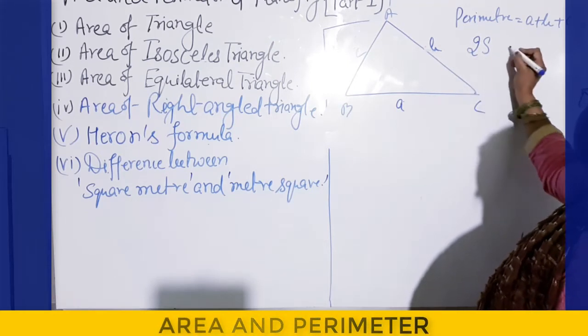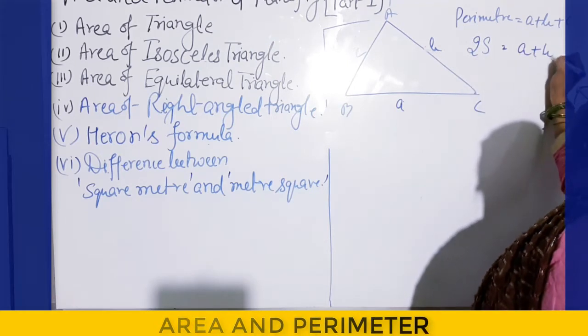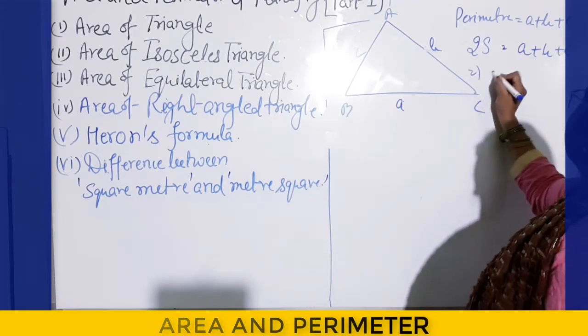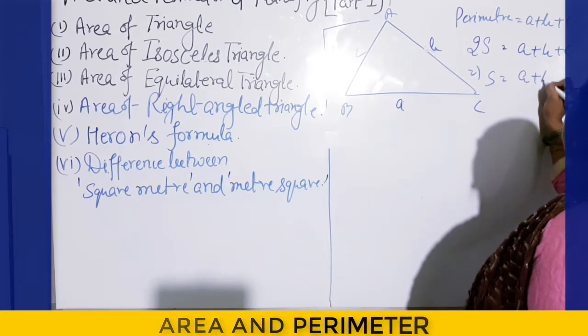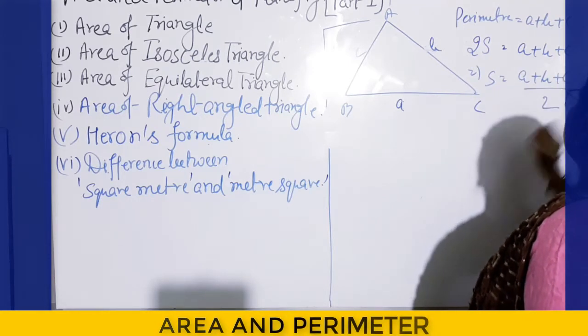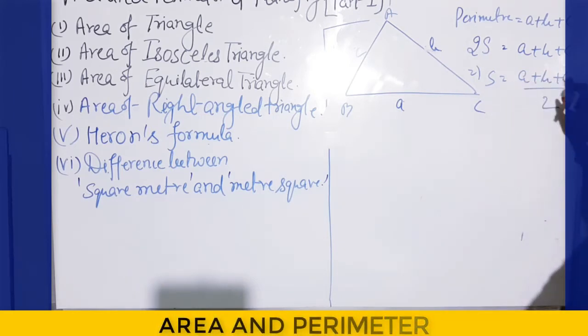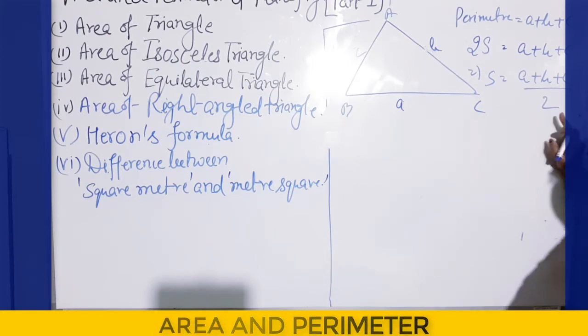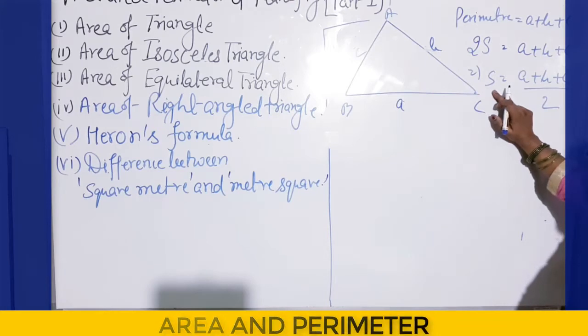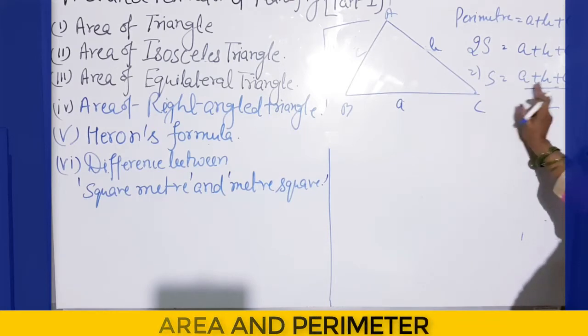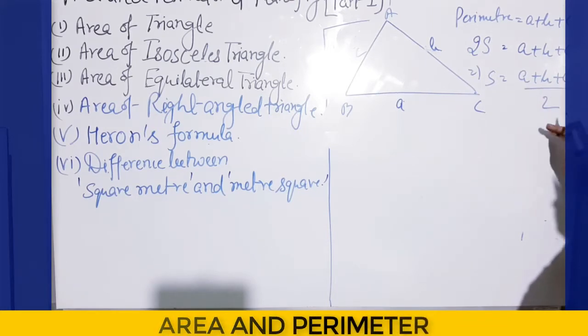Semi perimeter is equal to a plus b plus c by 2. It means s is equal to a plus b plus c by 2.